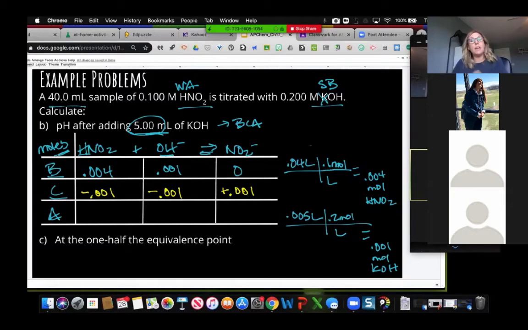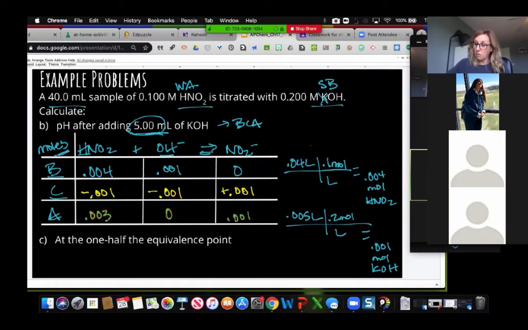So this is why this calculation is going to be a little bit more complicated, because it's going to look more like a buffer problem. Okay, so then if I go back down here, this is going to be 0, 0.003, and then 0.001 moles.